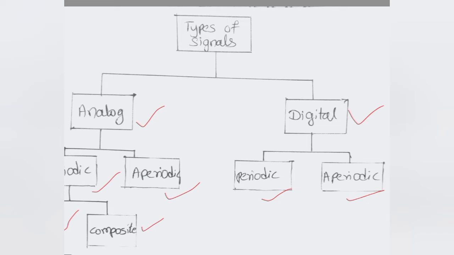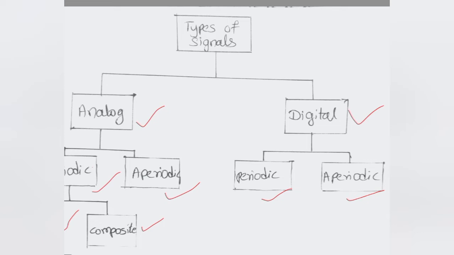We know that periodic means the same pattern will repeat over time, and analog means the wave will be continuous. Here is the simple periodic analog signal. A simple periodic analog signal is simply a sine wave which is traveling over time.